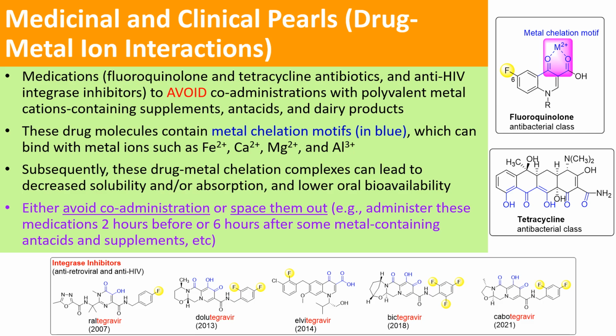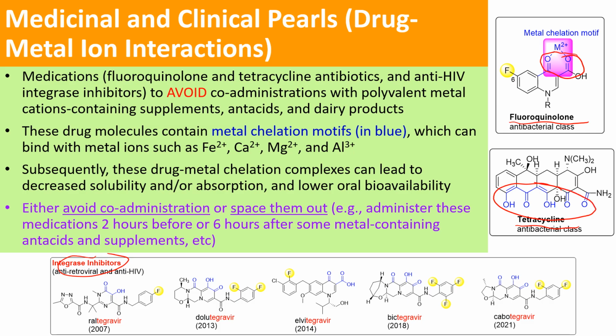As you can see, based on their general chemical structure, fluoroquinolone, tetracycline, and integrase inhibitors, within all these drug molecules there is a metal chelation motif, which is highlighted in blue.